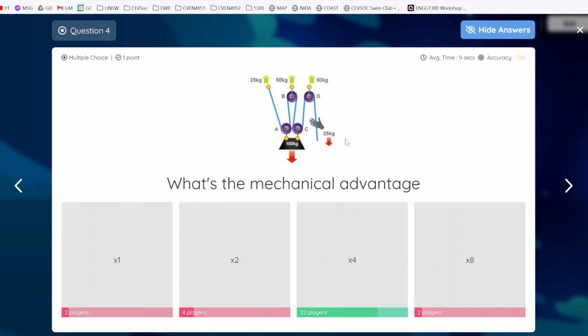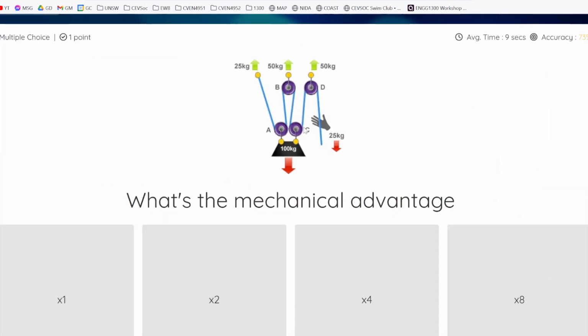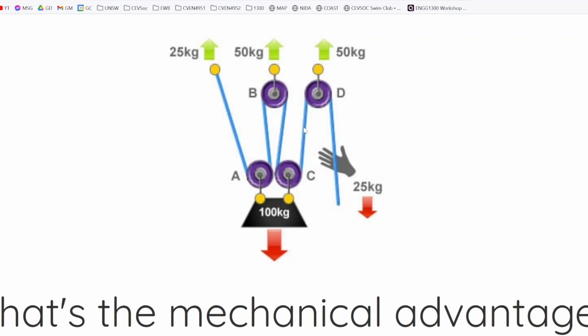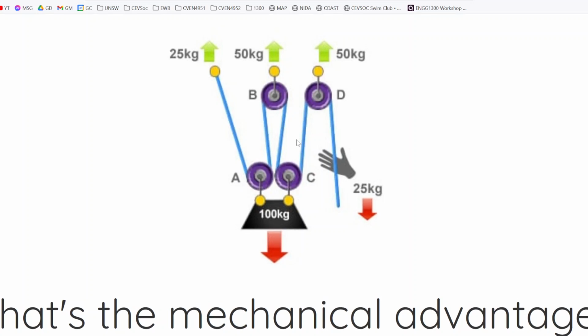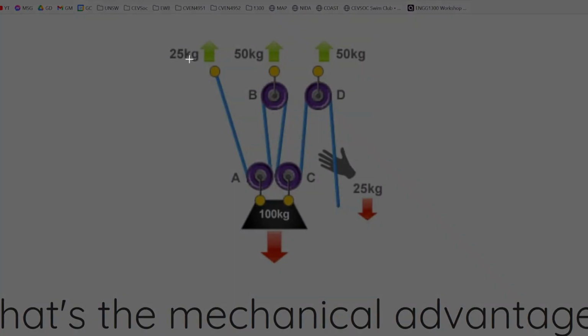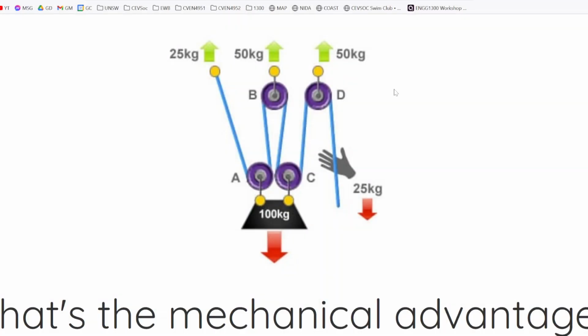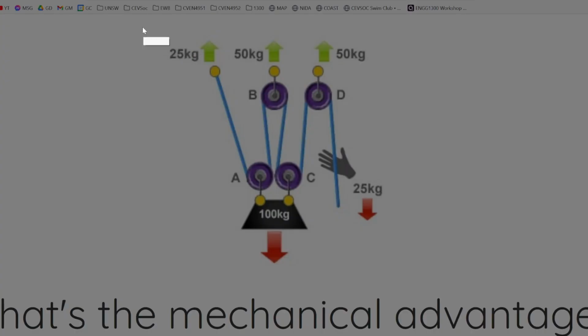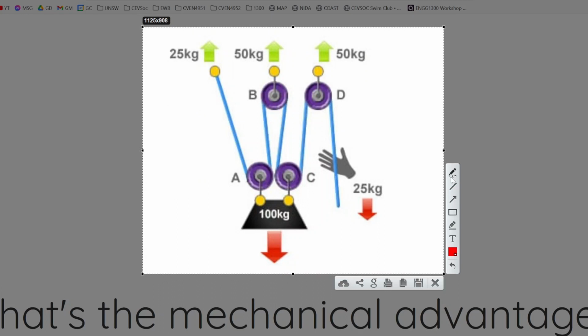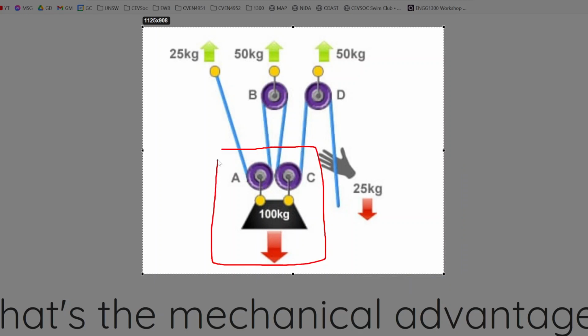All right, and then what's the mechanical advantage of this one? All right, here's the way you think of it. Hopefully everyone can see this. I'm using a program on my computer which allows me to draw on my screen. But if we take a free body diagram cut here, right?